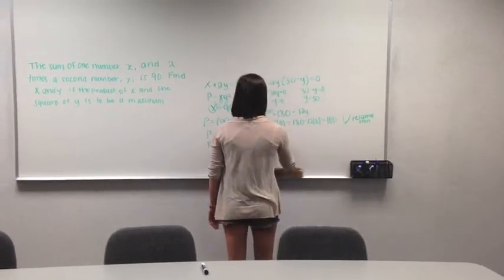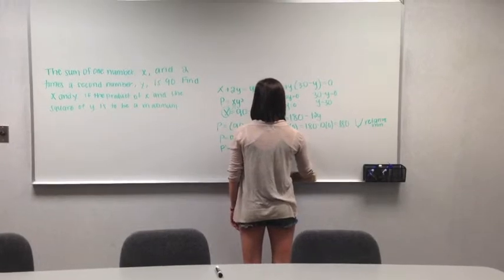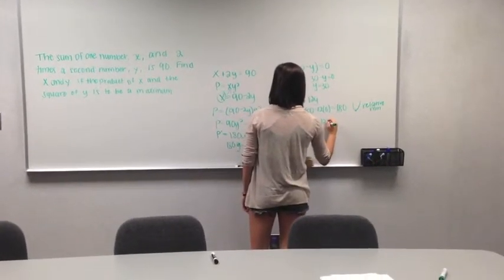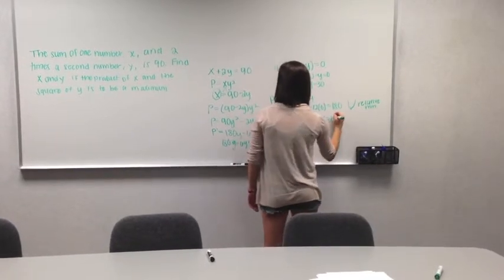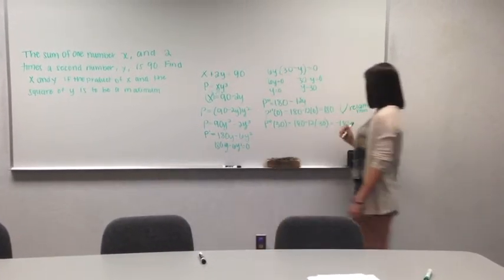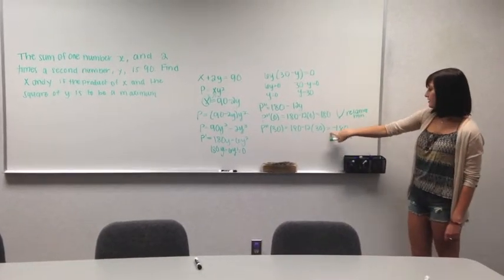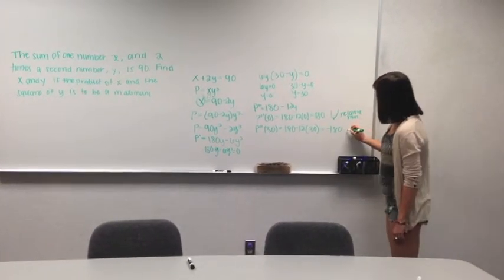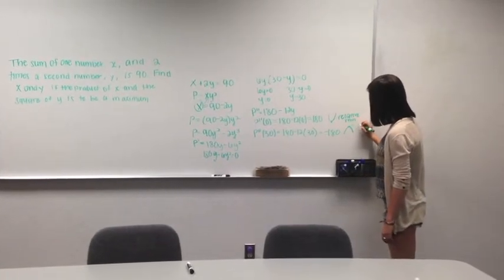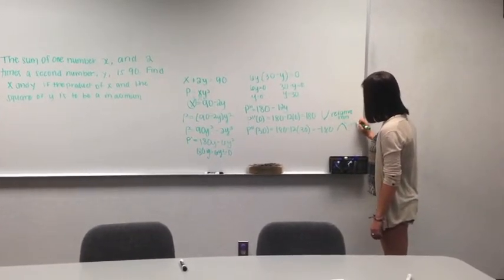Now we're going to plug in, just to make sure, our 30 value. We get 180 minus 12 times 30, which equals negative 180. Since this value is negative, the equation is concave down, making our 30 a relative max.